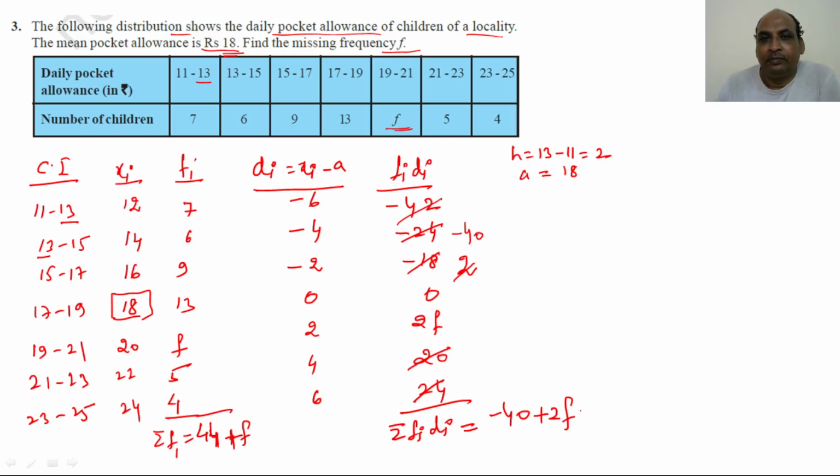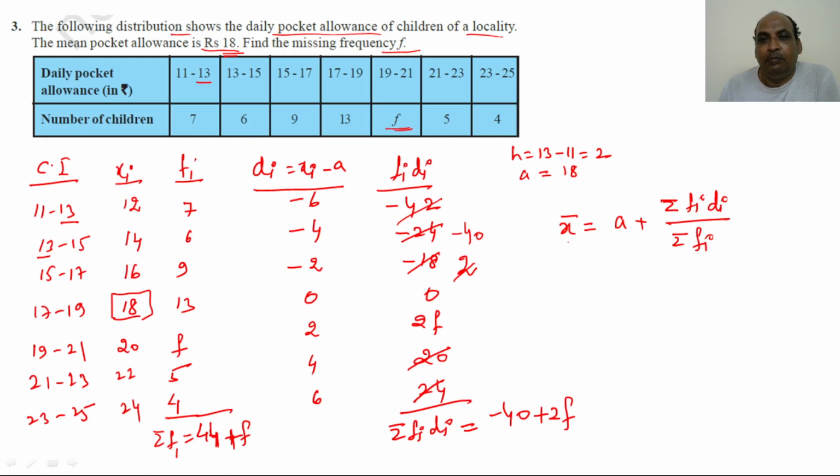Okay. Now mean value, we know that by the assumed mean method, that is a plus sigma Fi di divided by sigma Fi.